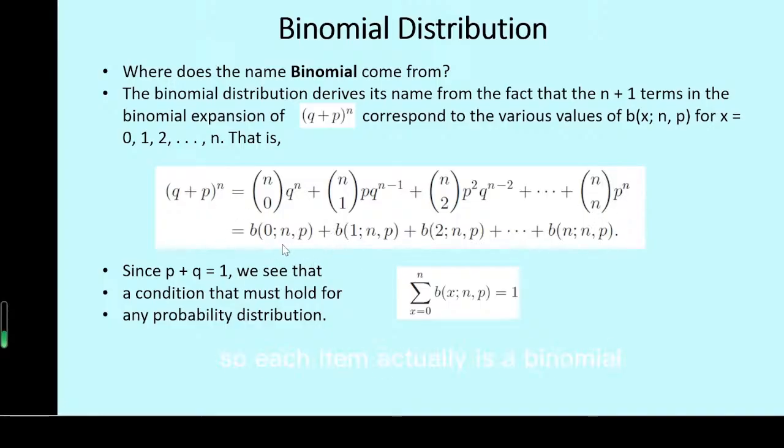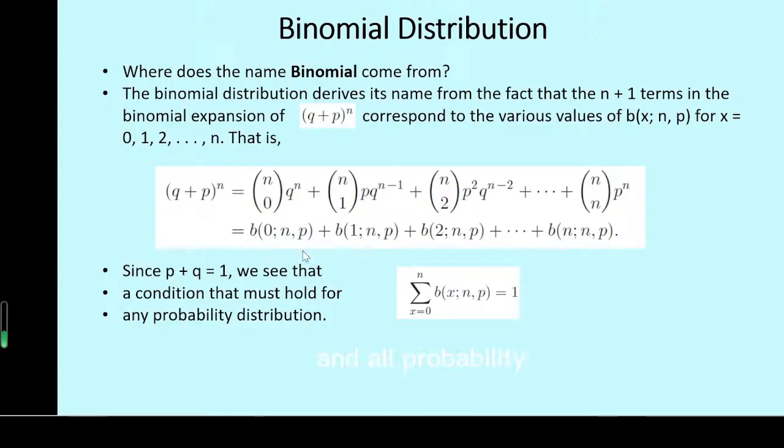So each item actually is a binomial distribution random variable probability. When p plus q equals 1, each item is a probability, right? So this is where the binomial distribution name comes from.